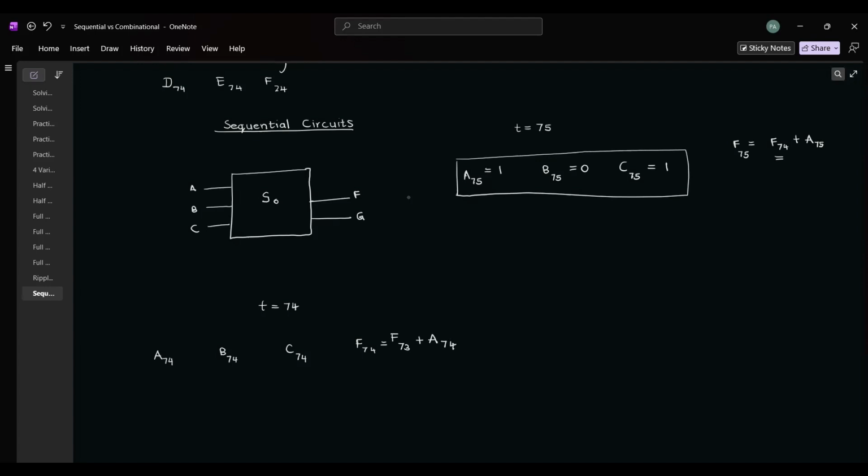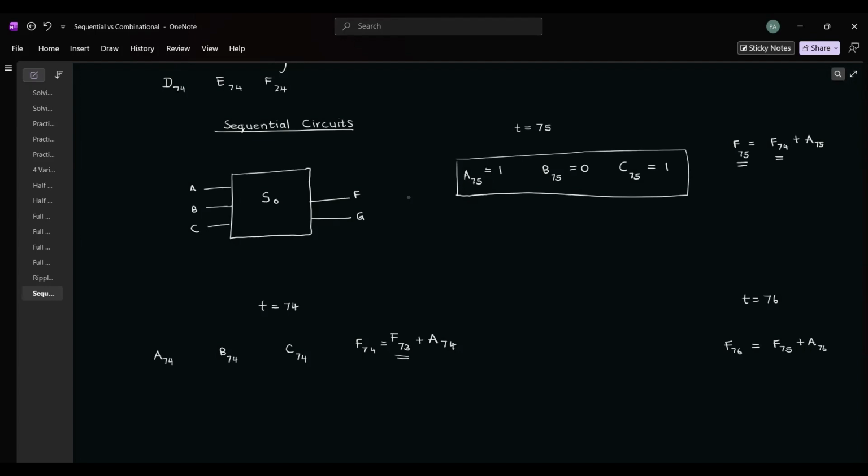This is the beauty of a sequential circuit. It can remember what happened in the previous second. Therefore, the output of the previous state also affects the output of the current state. When t equals 76, F75 will affect F76, because F76 is given as F75 plus A76.